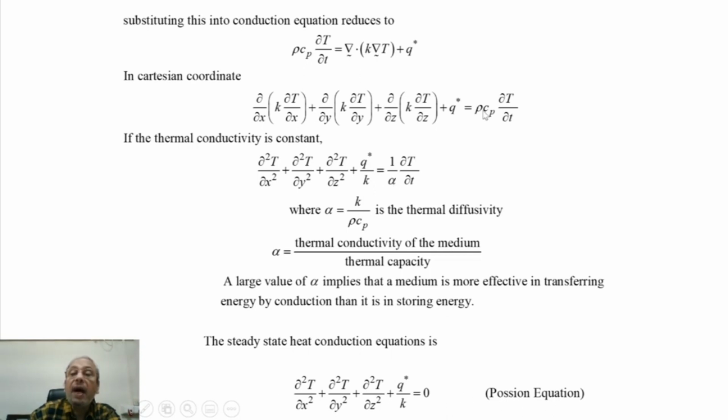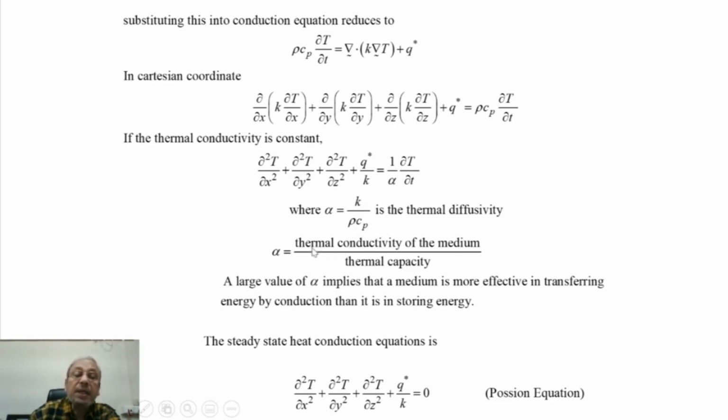After dividing by K, this becomes 1 by alpha, since K by rho Cp is alpha. When K goes to the right hand side, it becomes 1 by alpha. Alpha is K by rho Cp, and this is the thermal diffusivity.